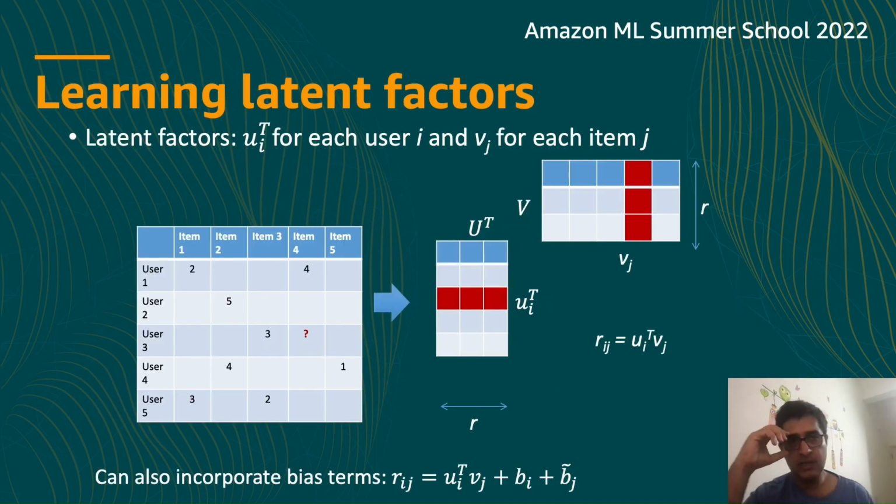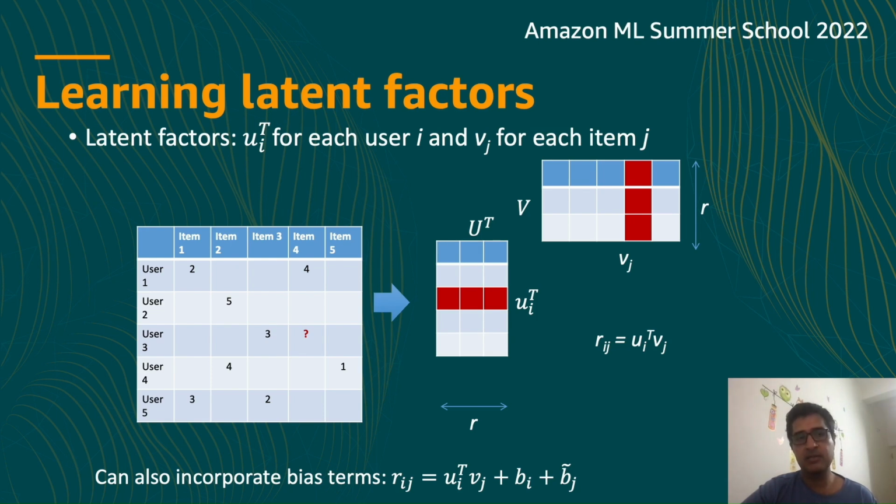Now let's come to the discussion on learning of these latent factors. Think about it this way: you're given a problem of user cross item interaction, right? Essentially the users have bought certain items, and let's assume this is the interaction matrix that gives you an idea of the rating that a user has given a particular item.